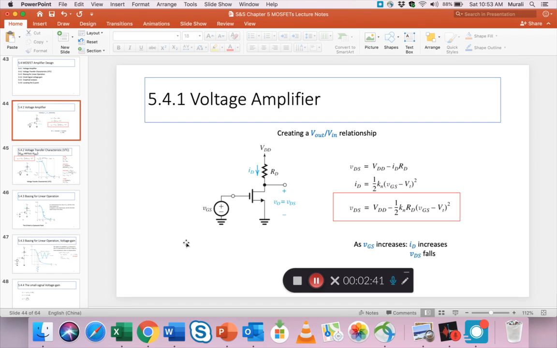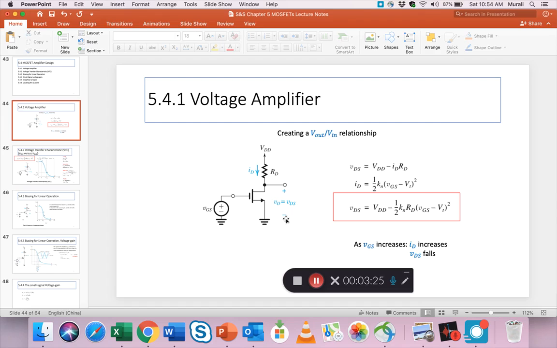So far though, the output has been the drain current ID and the input the gate to source voltage, so the relationship was not voltage to voltage, but voltage to current. But it's easy to change a current to a voltage by running it through a resistor and then picking off the voltage across the resistor. So the bottom line is we want to create a V out by V in type of relationship that compares the ratio of two voltages.